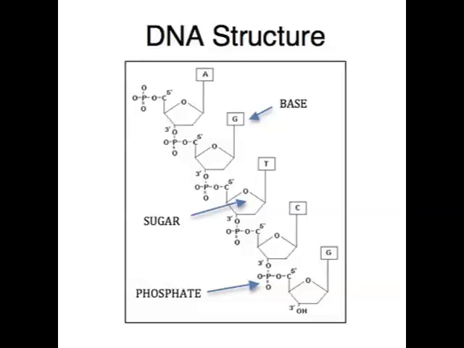But on the fourth and on the fifth carbon molecule of deoxyribose, that's where the phosphate group binds to. And so that's why when the phosphate group is at the end, we call that the 5' end of the DNA chain. So there can be a 5' end, which has a phosphate group on it, or a 3' end of DNA, which has a sugar molecule at the tail end of it.